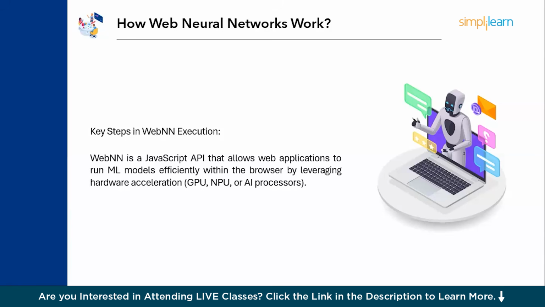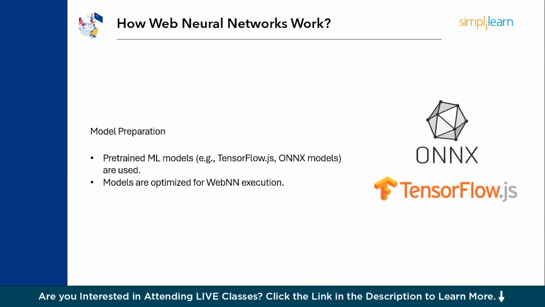So basically, as discussed before, Web Neural Network is a JavaScript API that allows web applications to run machine learning models efficiently within the browser by leveraging hardware acceleration using the GPU, neural processing units, and AI processors. Some of the key steps in WebNN execution are as follows. Firstly, the model preparation.